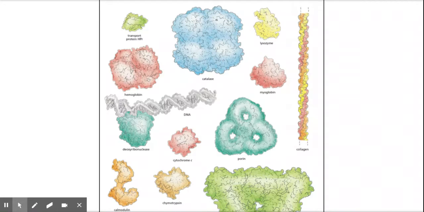Polypeptide chains have groups projecting outward called side chains. Side chains are not involved in the primary structure of proteins, but side chains are what give the proteins their unique properties.